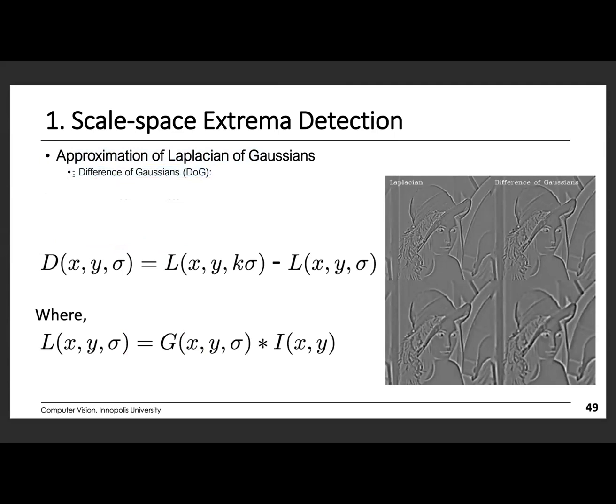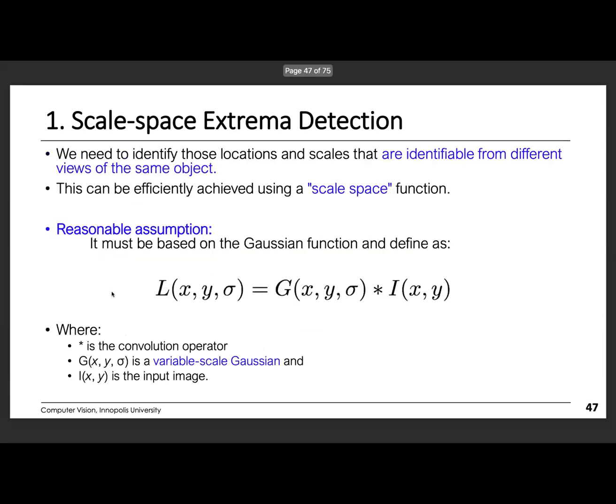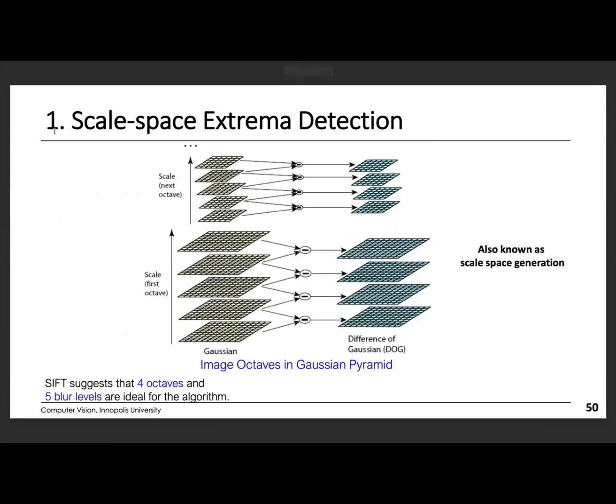So the difference of Gaussians is equal to L of x, y and k sigma, where k is just a multiplier, minus L of x, y and sigma, where L is already defined in here.